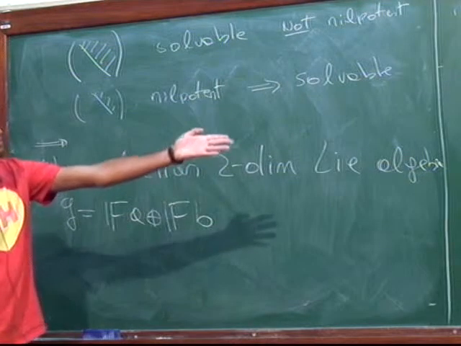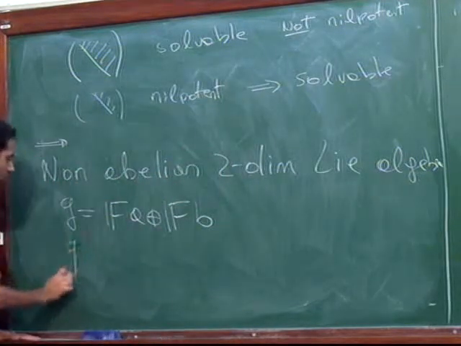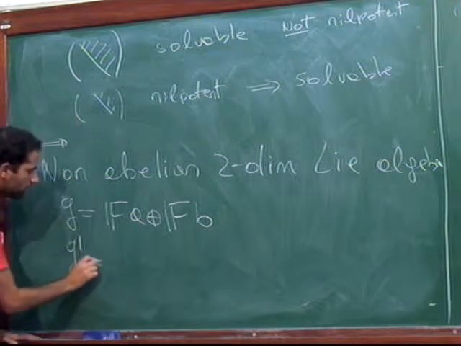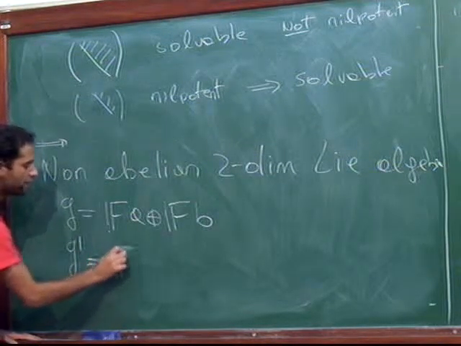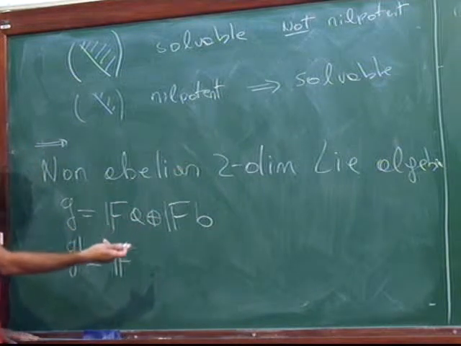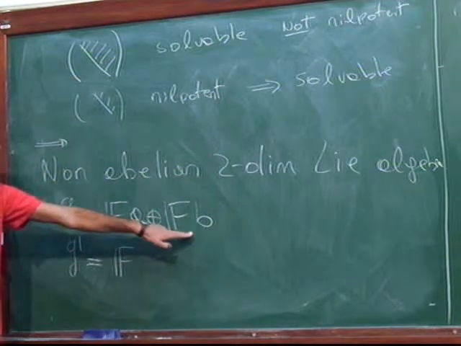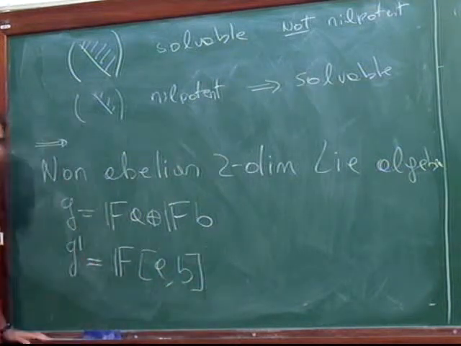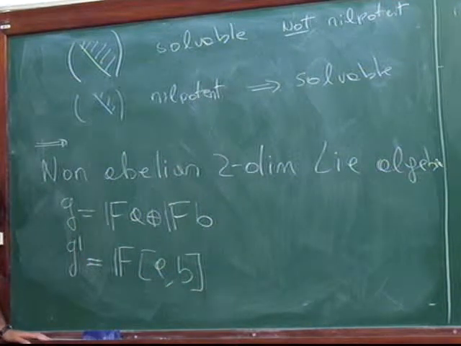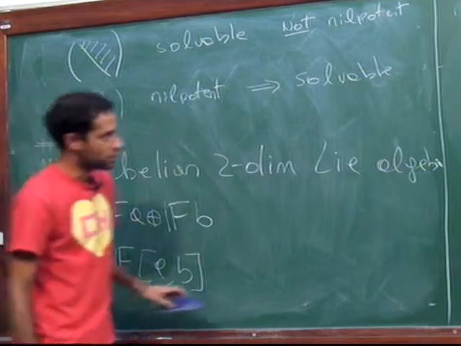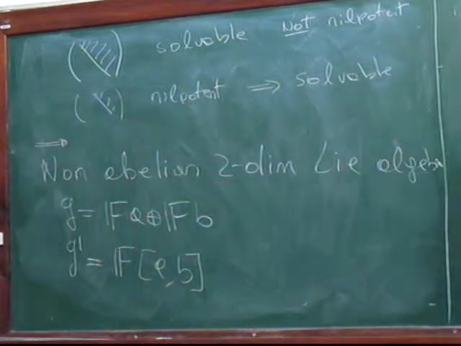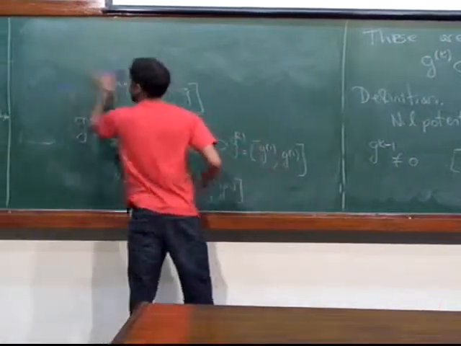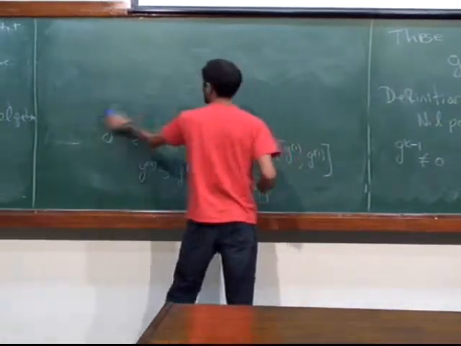So what is G1? G1 has to be generated by, well, all possible brackets of these guys. A with A is 0, B with B is 0, so this can only be A with B. So this is a generator of G1. I don't know what happens with G2 yet. But now, that's a one-dimensional space.